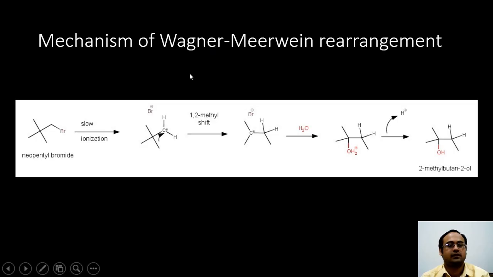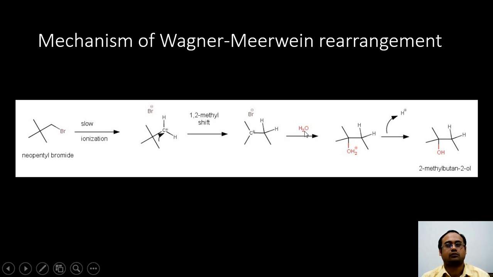In this reaction, we find that the neopentyl bromide, because of the polar solvent, first dissociates slowly to give the corresponding carbocation and the bromide ion. This carbocation reacts further by a 1,2-methyl shift to form another tertiary carbocation.